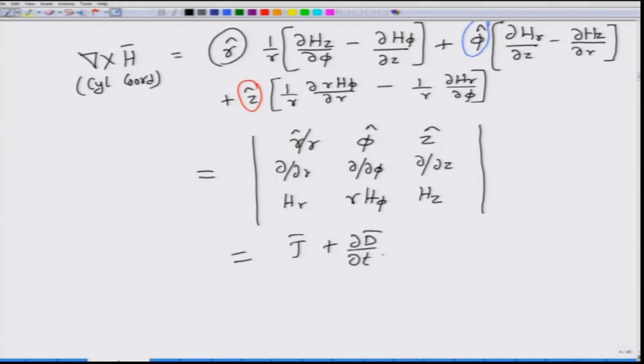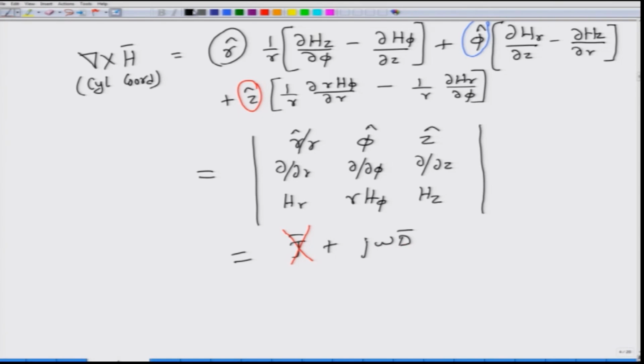Because time derivatives have been thrown out by converting into the phasor form, del by del t becomes j omega, so this becomes j omega D. Luckily for us, J will be equal to 0 because there is no current inside an optical fiber, which is made out of a dielectric region. We are assuming it to be a perfect dielectric with no losses, therefore this term will be equal to 0. So J is not there, but you still have j omega D.